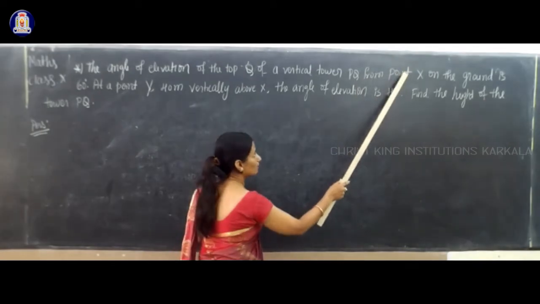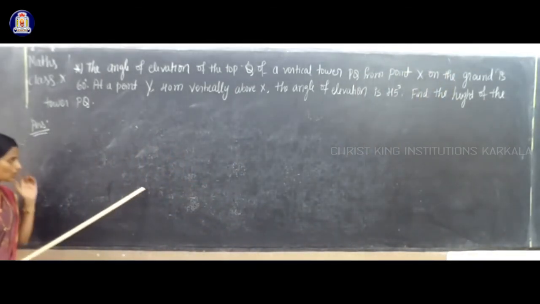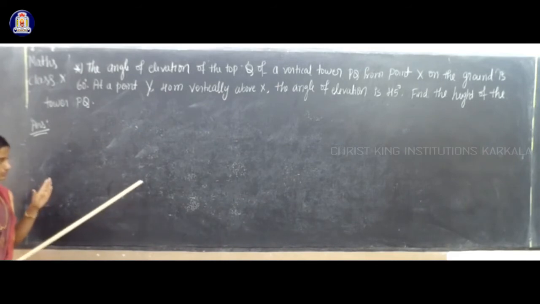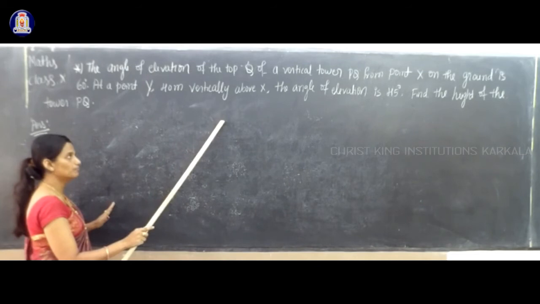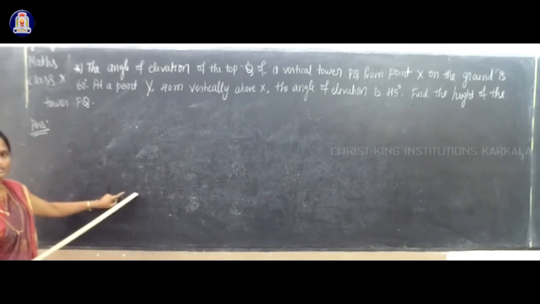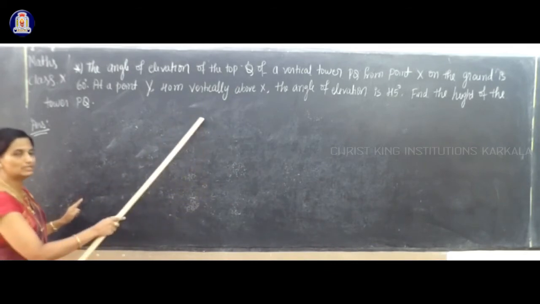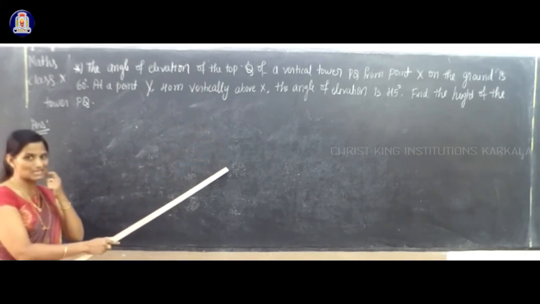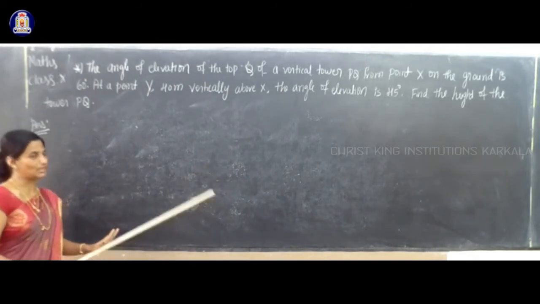From the point X on the ground. From this point to the top of tower PQ, the angle of elevation is 60 degree. So you got one triangle, right? So you can use tan theta is equal to, and you can get that one box, right?